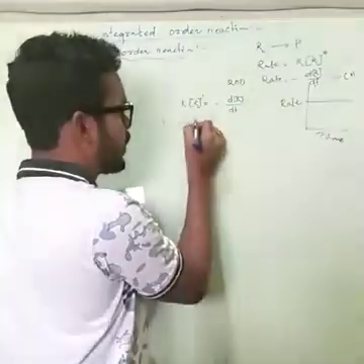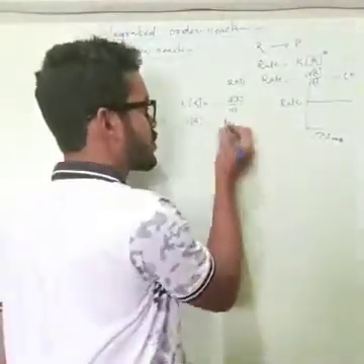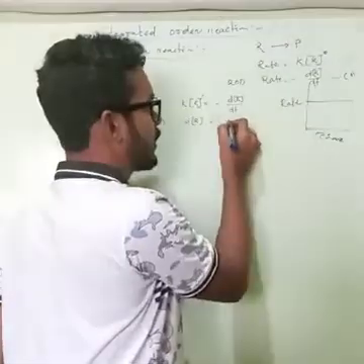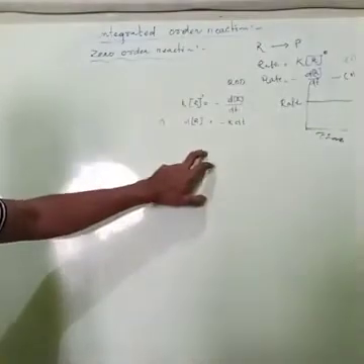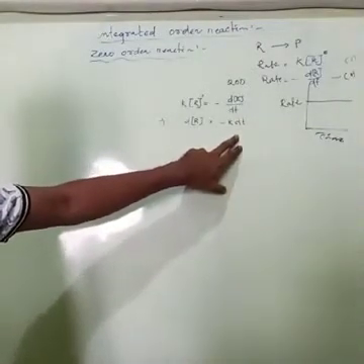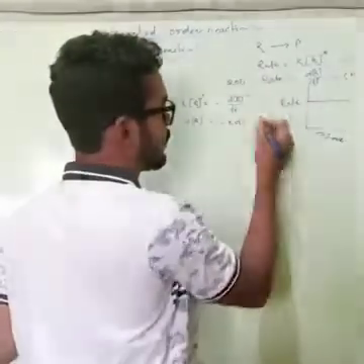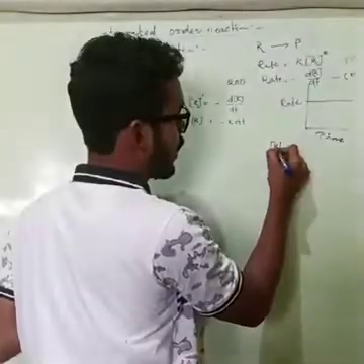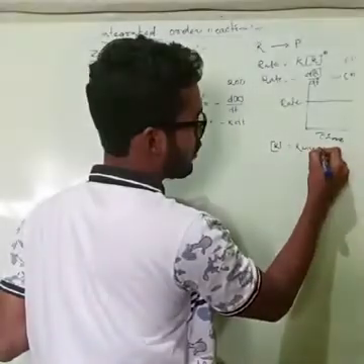So what you are getting is dR, the small change in concentration of R, equals minus k dt. Yes or no? Minus k dt. So what is this R? R is your remaining concentration.